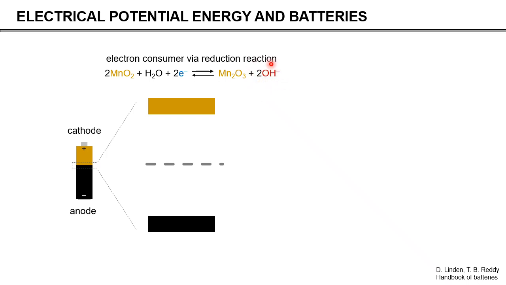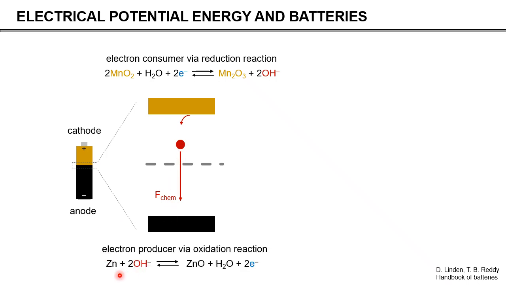Now, this hydroxyl ion is entering the space in between the anode and the cathode, and because the concentration of the hydroxyl here is larger than on the anode side, it experiences a chemical force due to the concentration gradient, and the hydroxyl migrates towards the anode. On the anode, we have a so-called oxidation reaction that produces electrons. The hydroxyl reacts with zinc in this case, and it produces electrons.